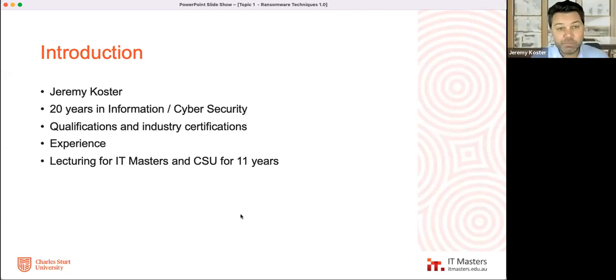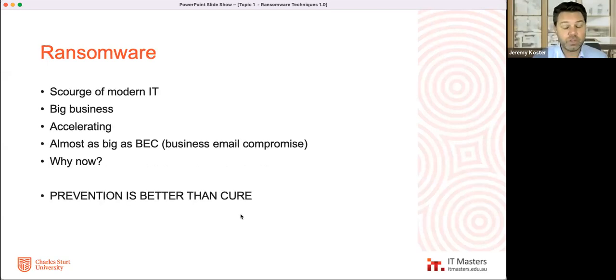But onto the topic. So this ransomware problem is really the scourge of modern IT, and I think that it gets a lot of interest in the news. It affects big business, and it is big business itself. Depending on which report you listen to, it's a multi-billion-dollar industry.